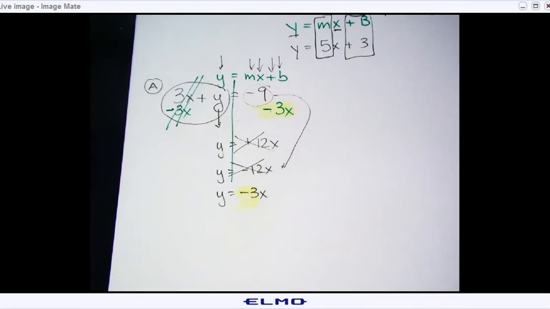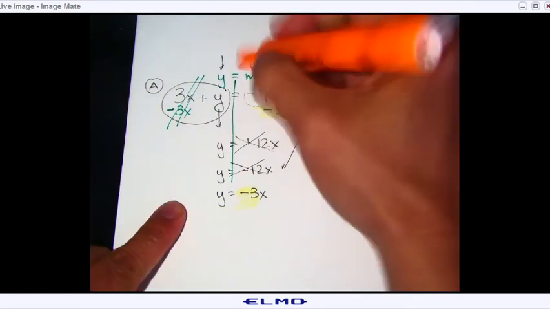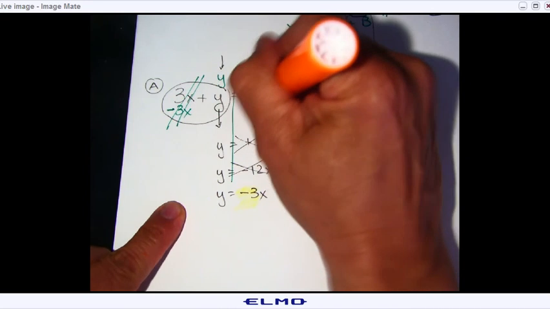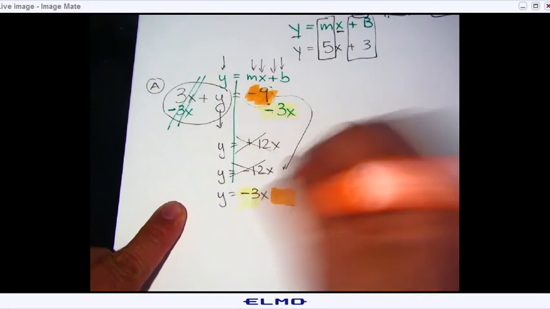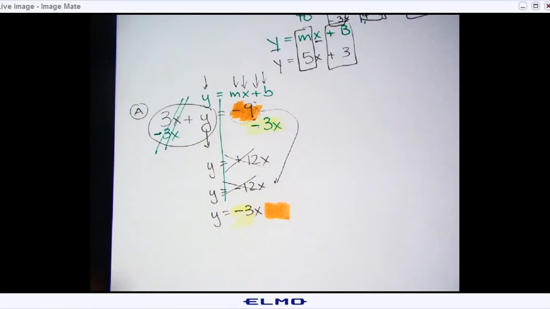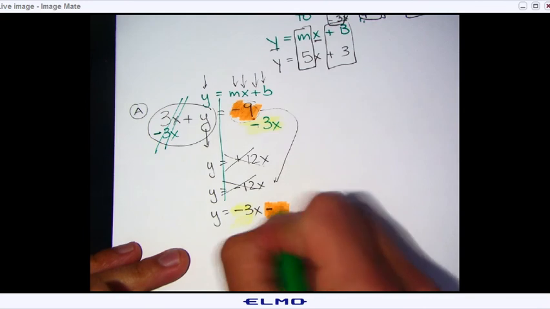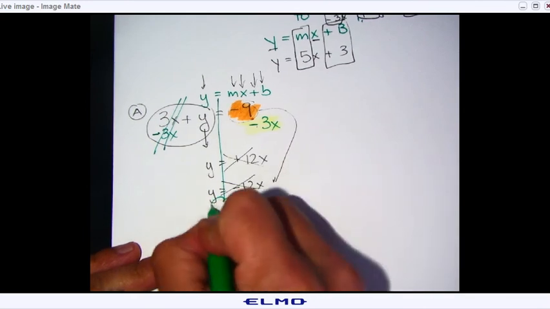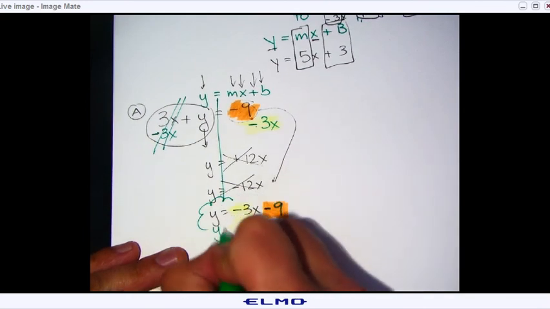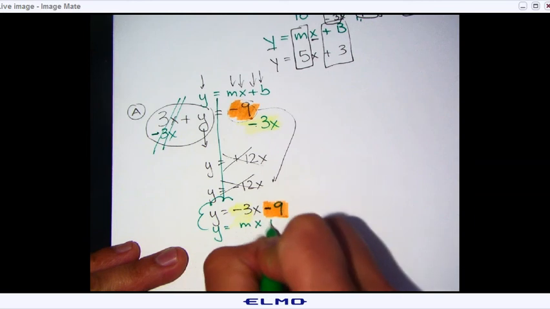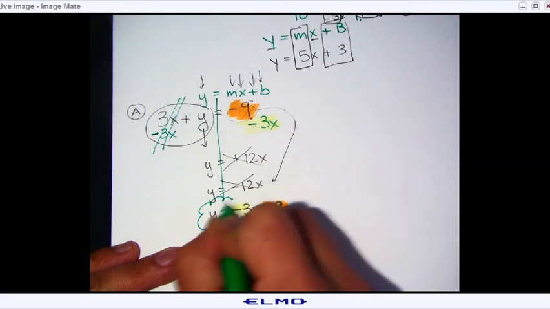So I'm going to put the negative 9 right here. I'm using colors so you can notice that I don't combine them. So negative 9, and that's your answer. Remember, this plus b can change.